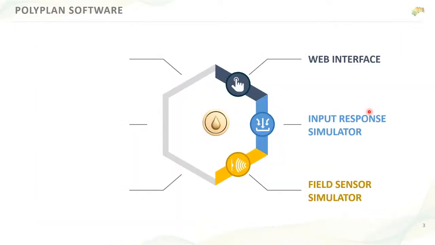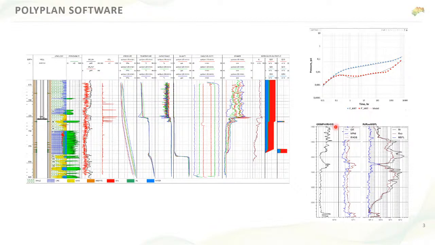Also mentioned there's a field sensor simulator. So let's say you have an existing well and you see that suddenly the water cut has gone up a lot. So I say, let me run a PLT on this well. So then you'll run the well and it will give you the simulated PLT from this well, and you can see which possible zone may be watering out, right?